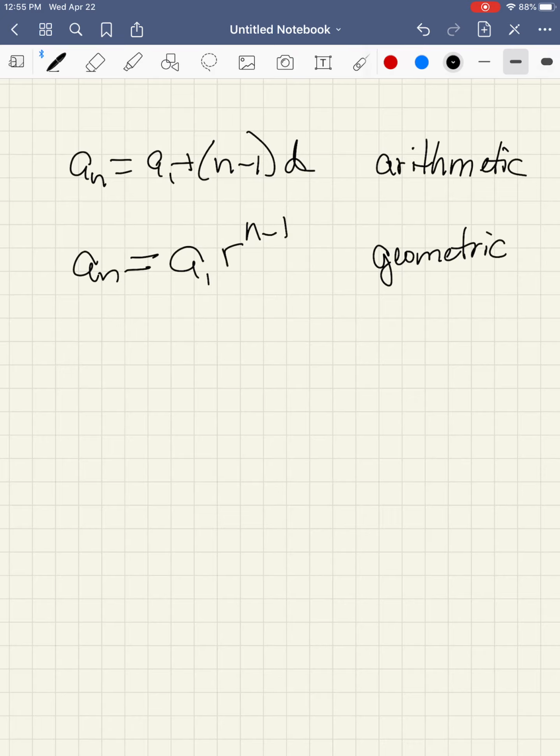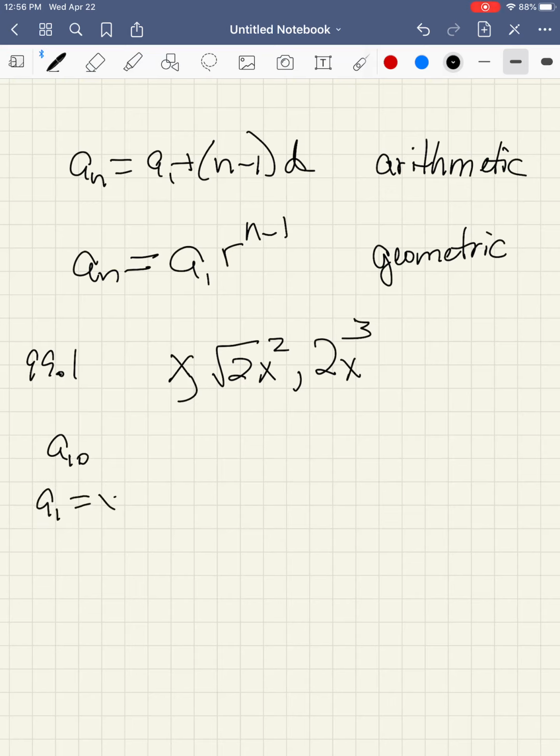All right, so on page 566, the first problem says, find the 10th term, so we're looking for A10, in the geometric progression that begins x, square root of 2x squared, 2x cubed. So they give us A1.